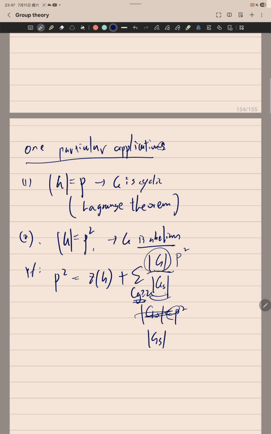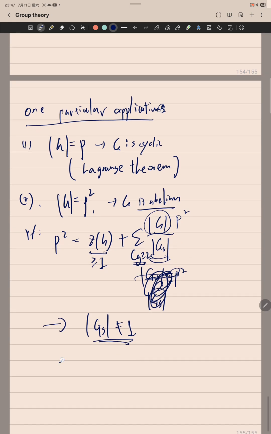So first, |Z(G)| cannot be 1. Because if it equals 1, then there's already p squared, but this guy is greater than or equal to 1, because identity commutes with everything. So each |G_s| must be greater than 1.